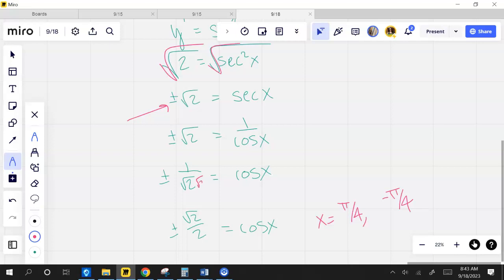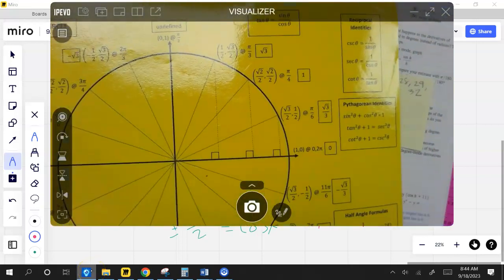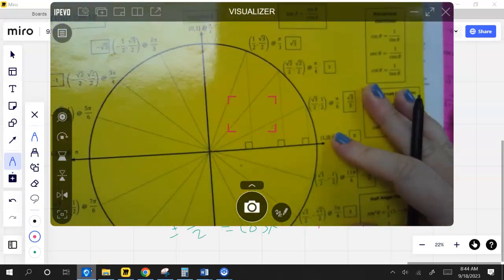Yes. Irrational. Huh? What did I add? I rationalized the bottom.